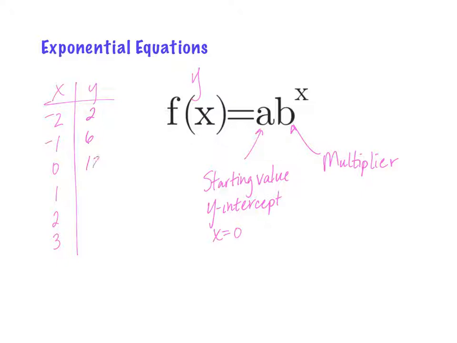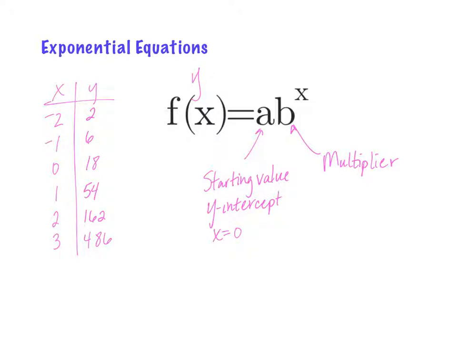Multiply that by 3 is going to be 18. Multiply that by 3 is 54. Times 3 is 162. Times 3 is, oops, that would be plus 3, 486. So once they start to go up, they go up quite a lot.